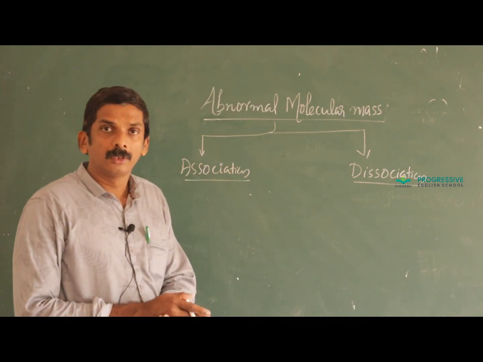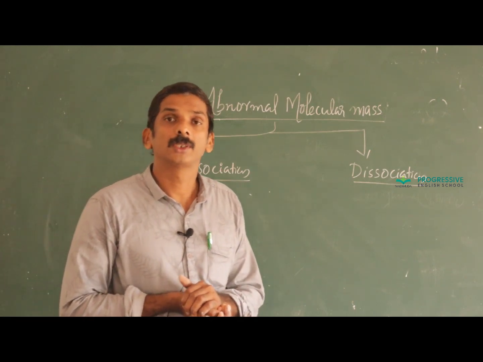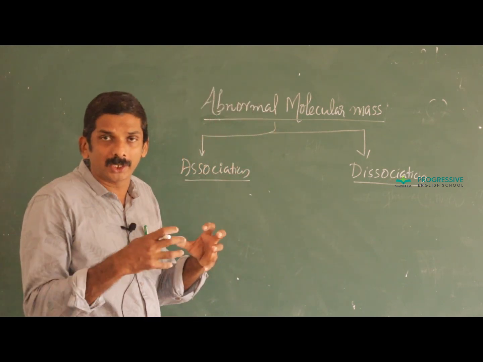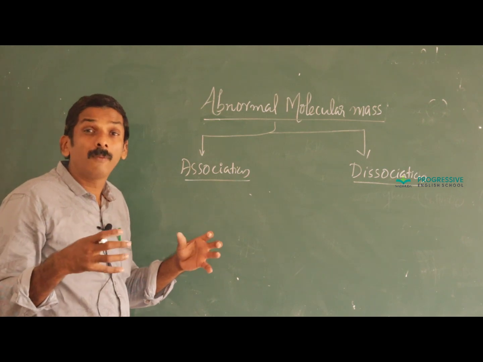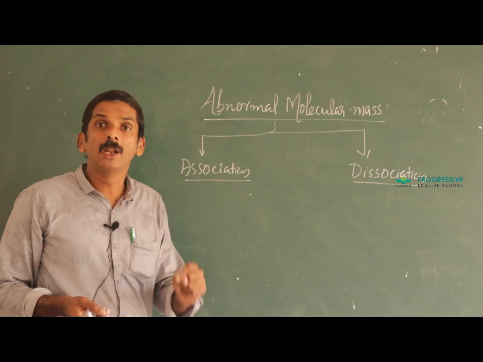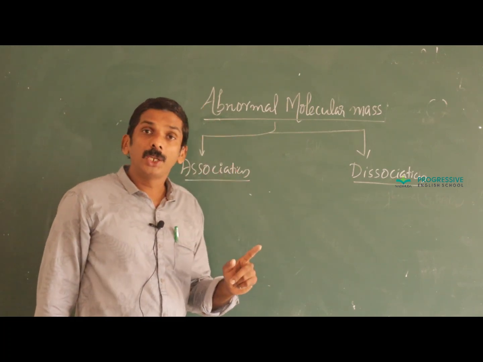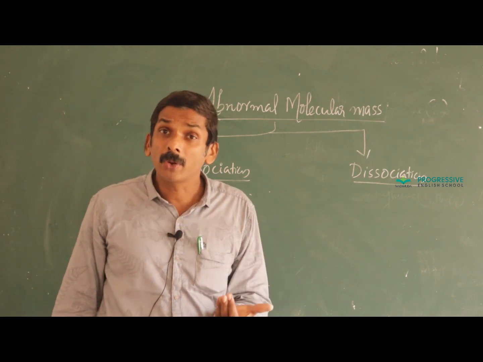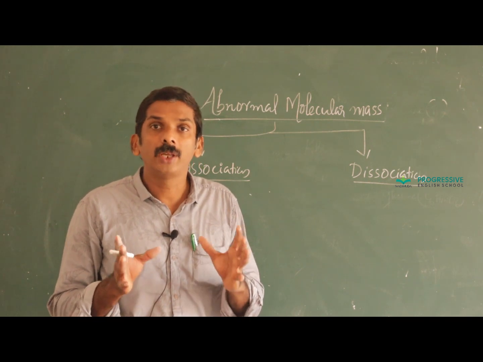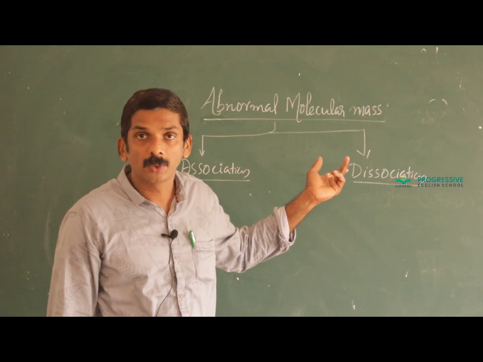Association. How does it lead to this abnormal molecular mass? During association, more than one molecule associate to give the effect of a single molecule. As the colligative property depends upon the number of particles, definitely there must be some variation in the number of particles, therefore it affects the molecular mass also.